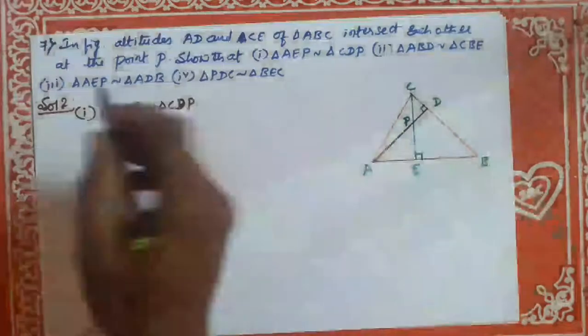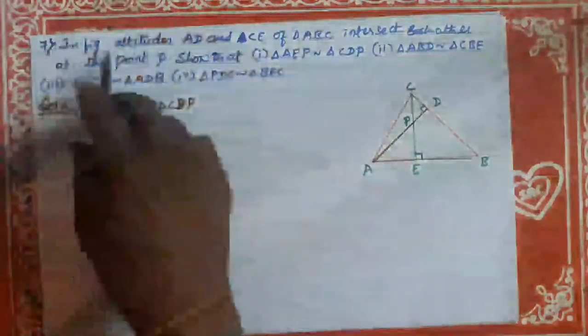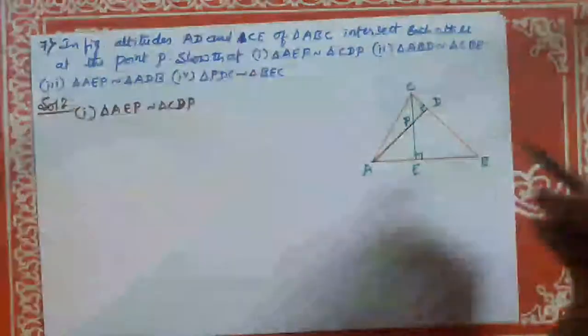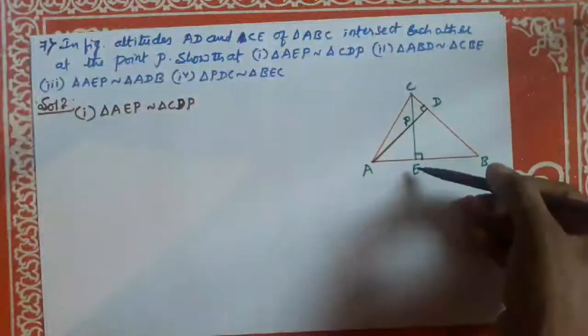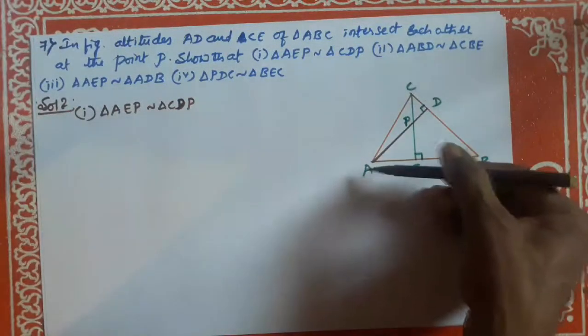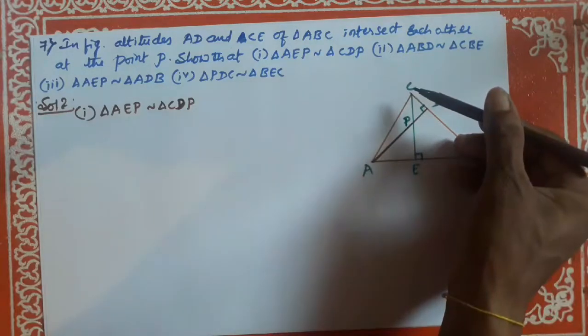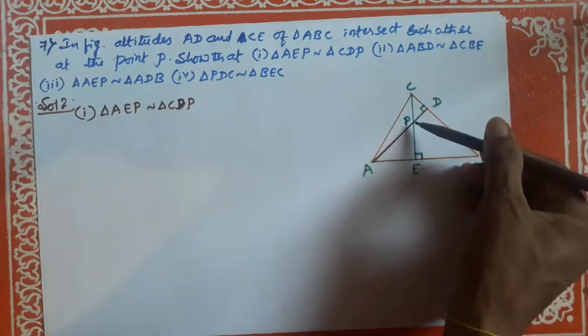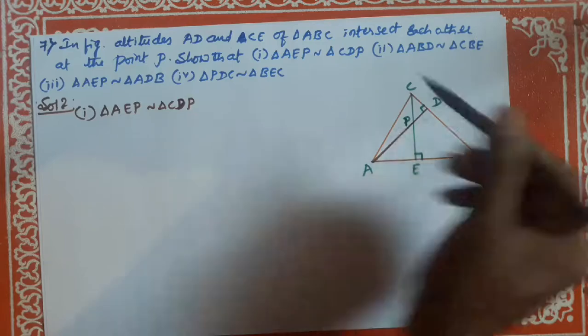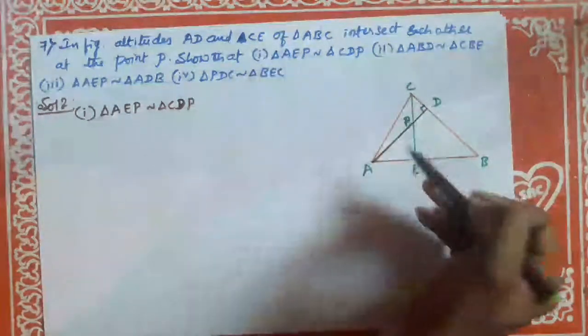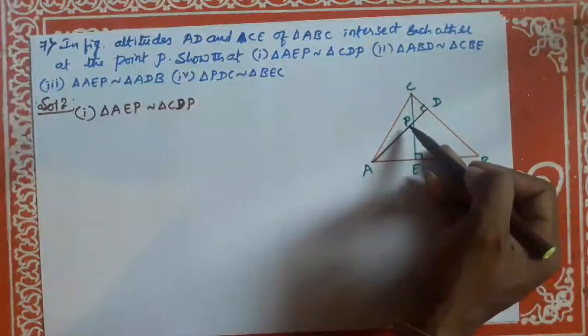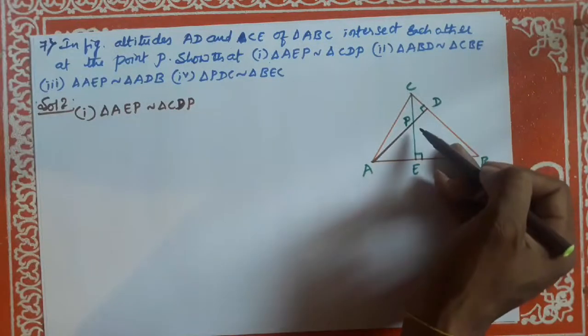Now let us discuss the seventh main question. In the figure, altitudes AD and CE of triangle ABC intersect each other at the point P. We need to show that triangle AEP is similar to triangle CDP.